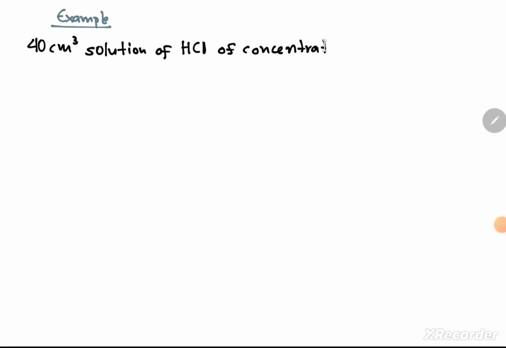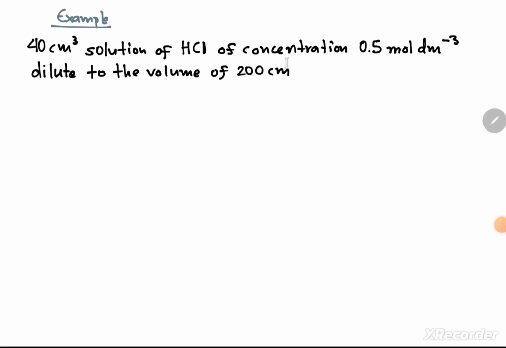Let's see an example. "40 centimeters to the cube of solution of hydrochloric acid of concentration 0.5 mol dm to the -3 is diluted to the volume of 200 centimeters to the cube.